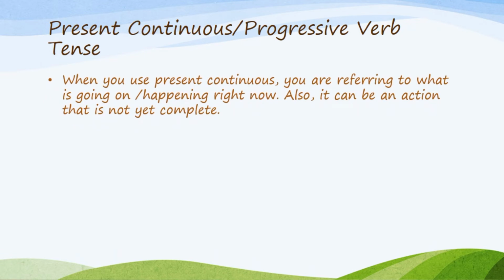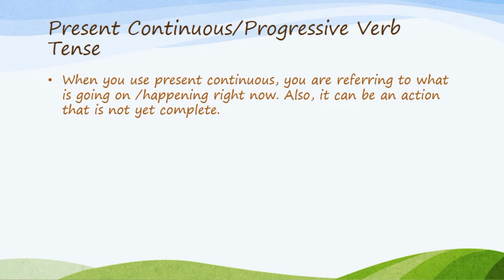When you use present continuous, you are referring to what is going on or happening right now. In present continuous tense, an action which is taking place right now, in the current time, is known as present continuous.